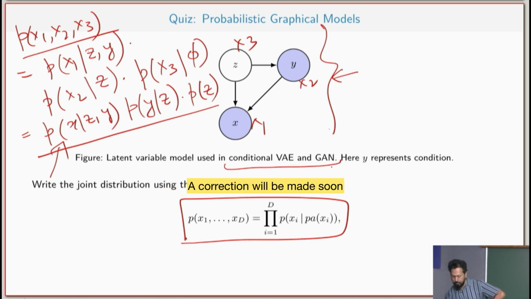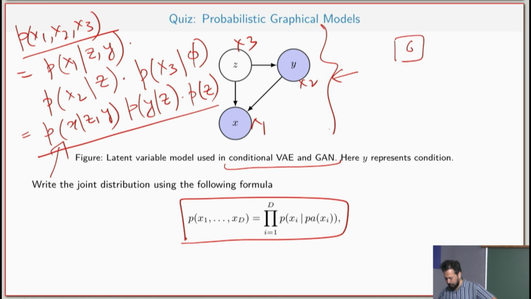We have not seen conditional VAE, which we will see. In conditional GAN, the generator has a z, and a conditional label y goes in, and it produces some x, which goes to the discriminator. The discriminator also takes some real x.